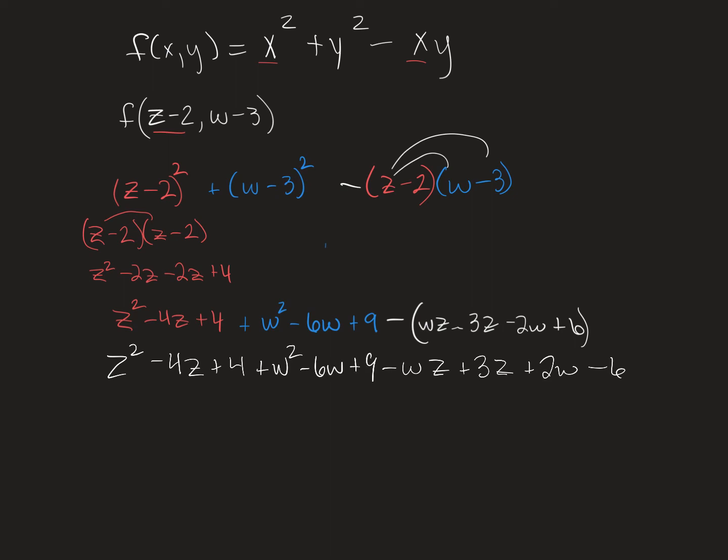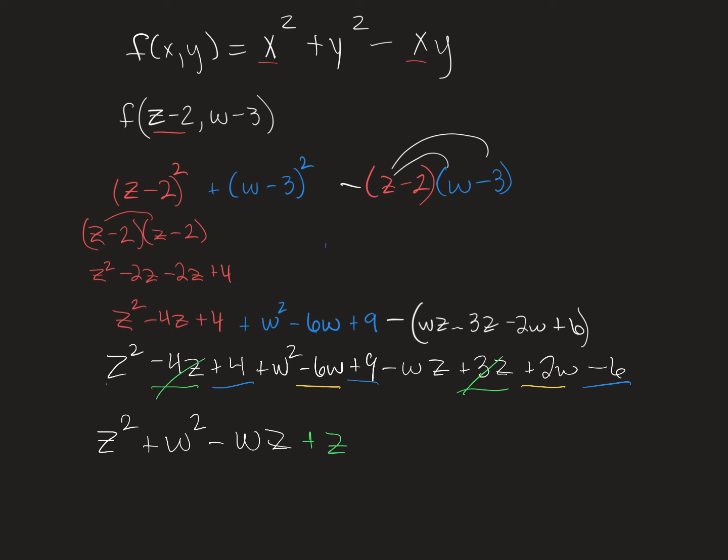Okay, so now we can combine like terms. So we have a negative 4z and a 3z. We have 4, 9, and negative 6. We have negative 6w and 2w. And then everything else will just kind of bring down. So z squared, w squared, negative wz. Then negative 4z and 3z is a negative z.